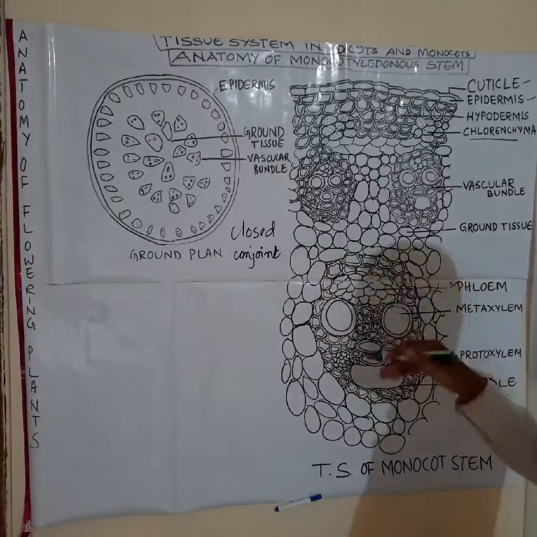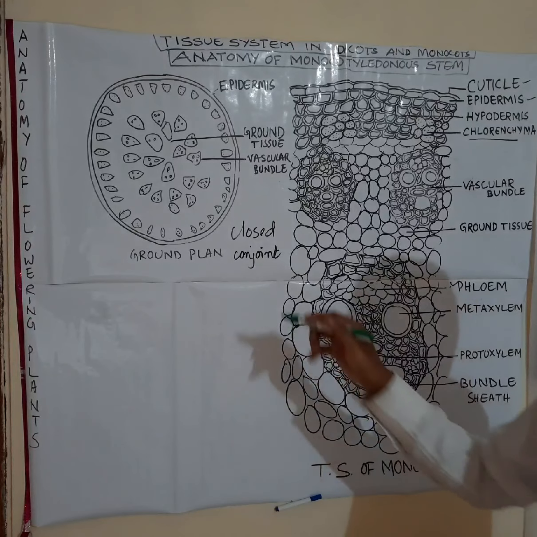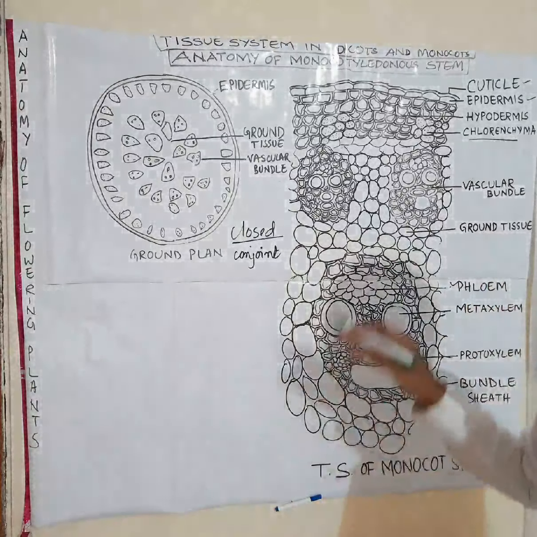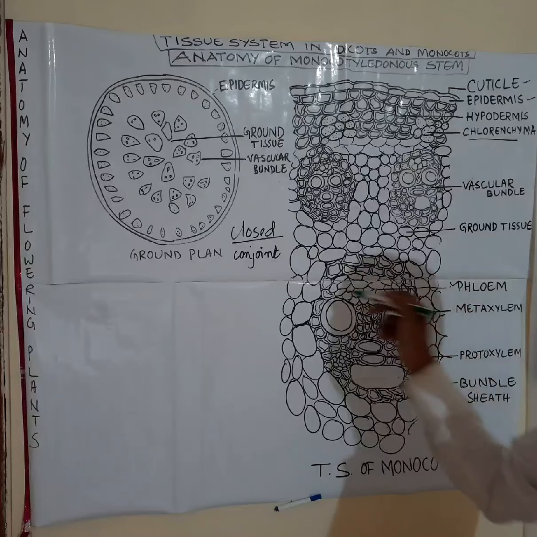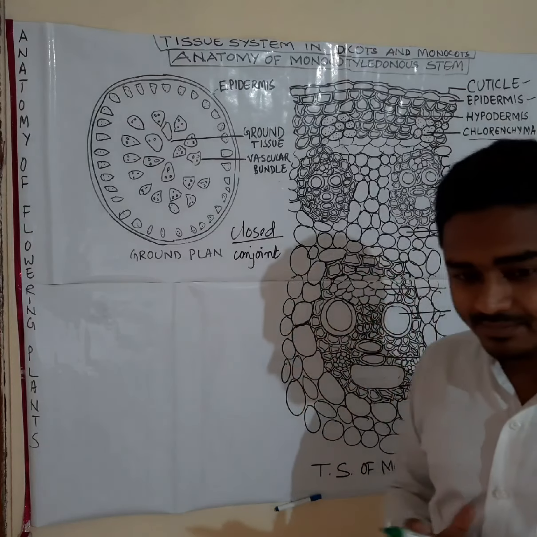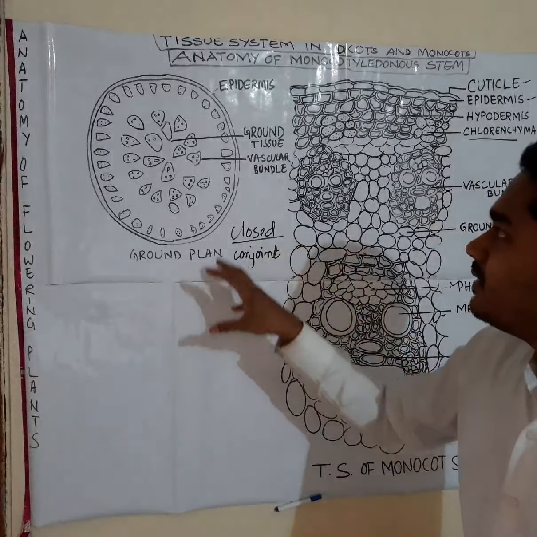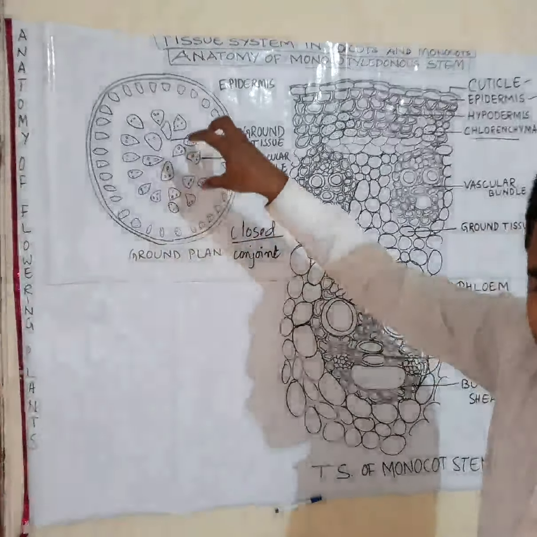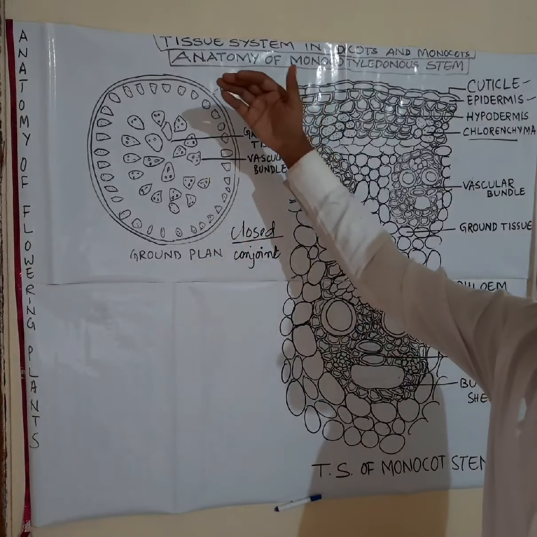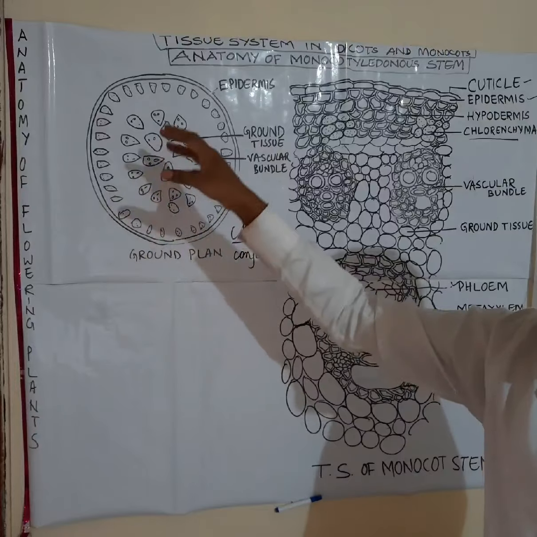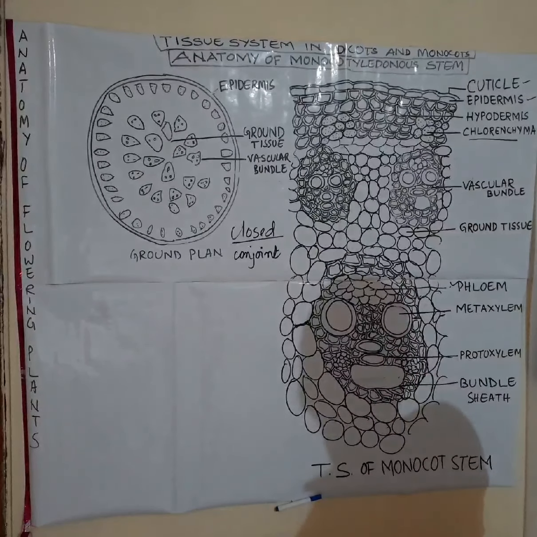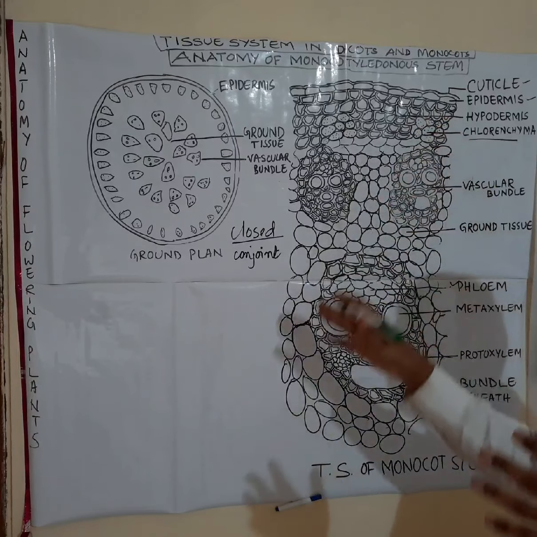Conjoint means both xylem and phloem are present in a single bundle, and closed means there is no cambium in the vascular bundle, and that's the reason why secondary growth is not shown by these monocotyledonous stems. Another feature is that the vascular bundles located towards the central region are of larger size than those found towards the periphery, but they are scattered all around the section. Then pith is absent. So remember the arrangement.